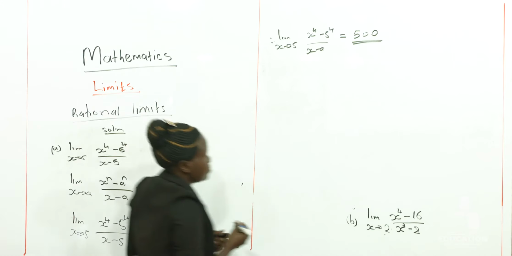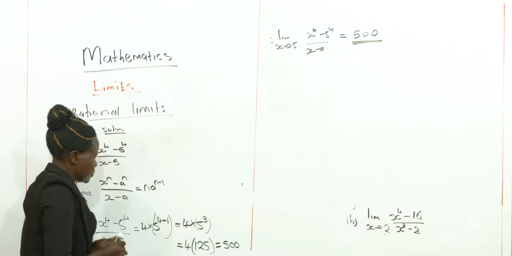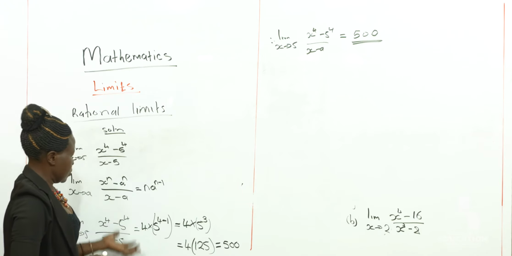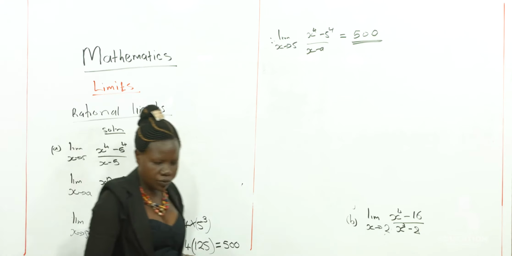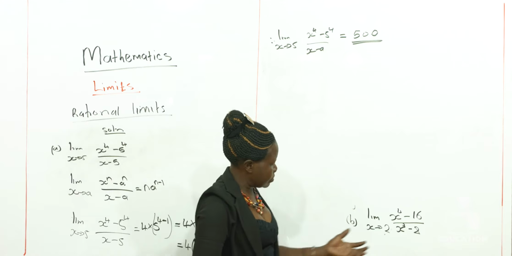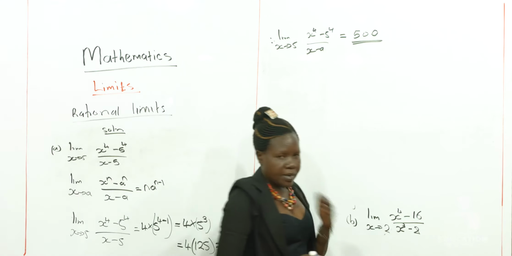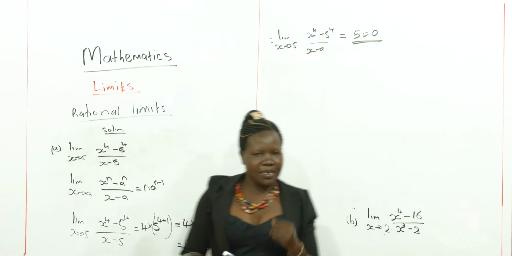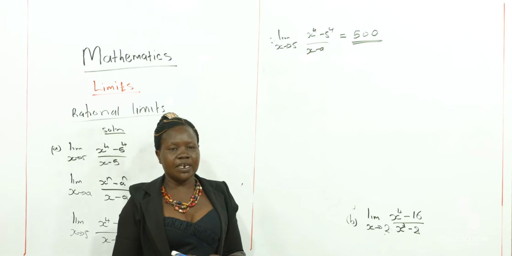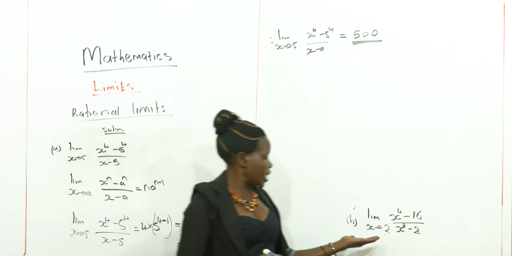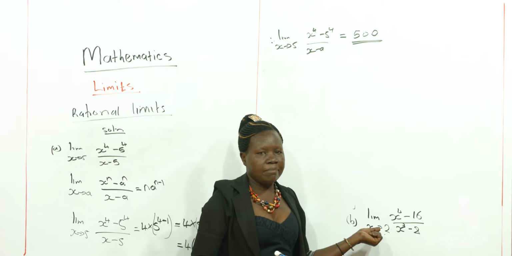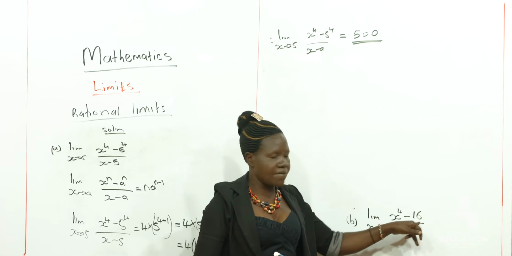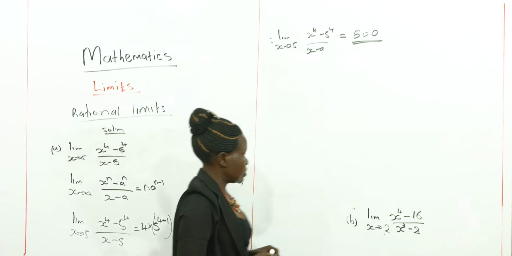So that is your answer. Apply the rule depending on the expression given to you. And then when we come to part B, learners, I want you to take that part B very seriously, because it is very common, both for those who are taking additional and those who are taking basic mathematics. It is ever appearing in your national exams.